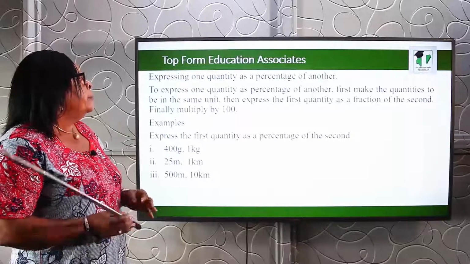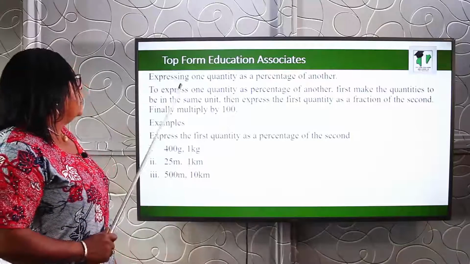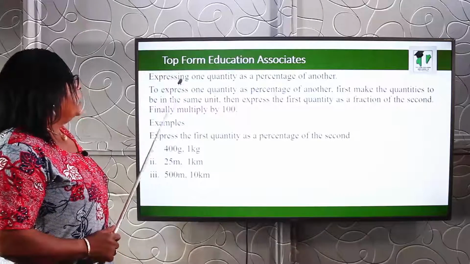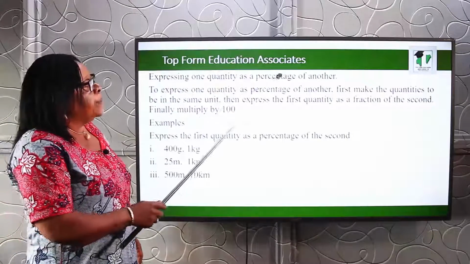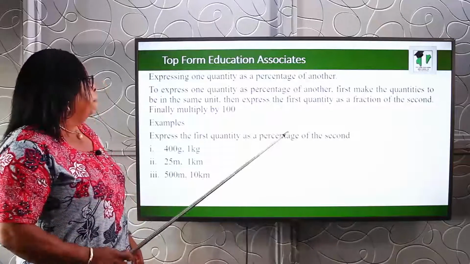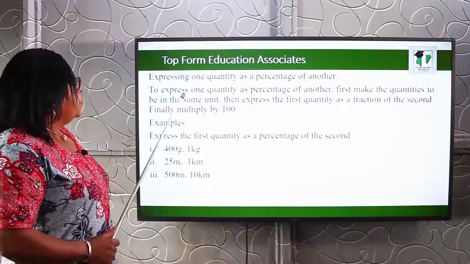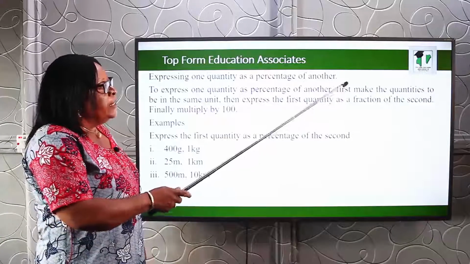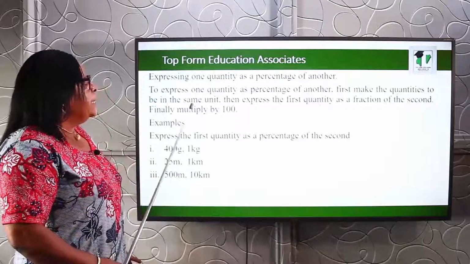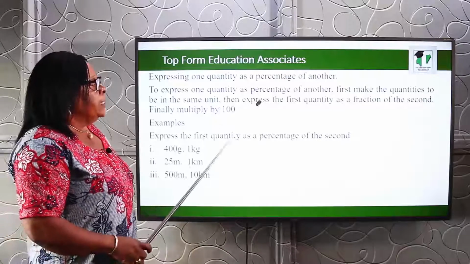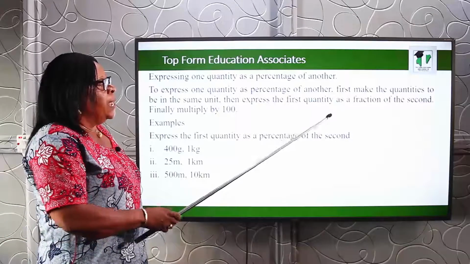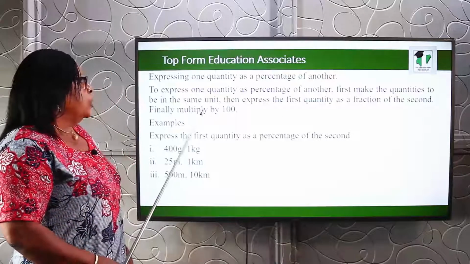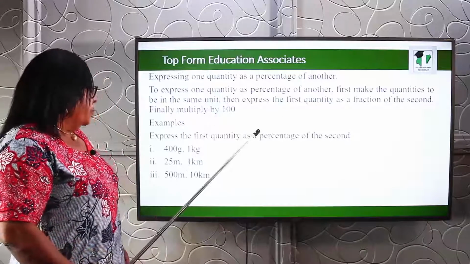Okay. Let's look at the next subtopic, expressing one quantity as a percentage of another. To express one quantity as a percentage of another, first make the quantities to be in the same unit. Then express the first quantity as a fraction of the second, finally multiply by 100.